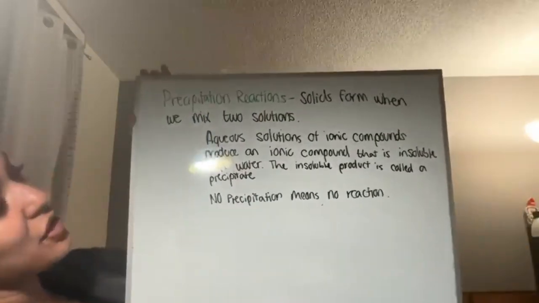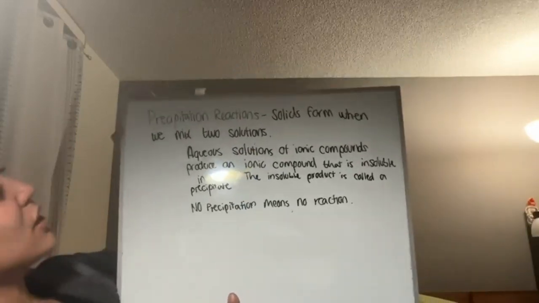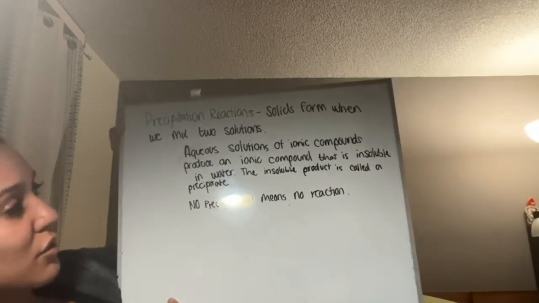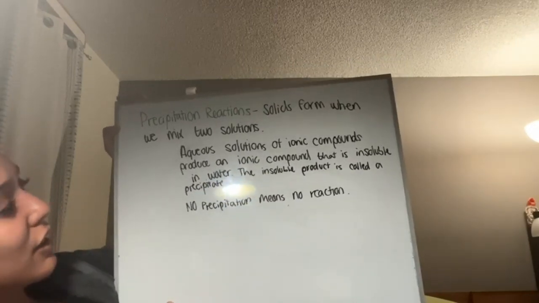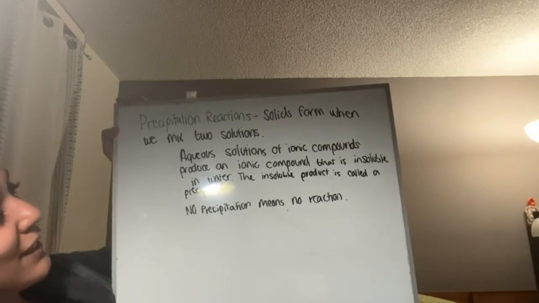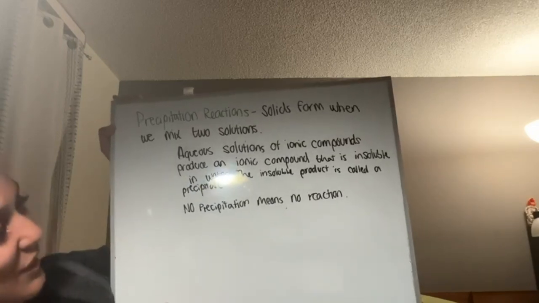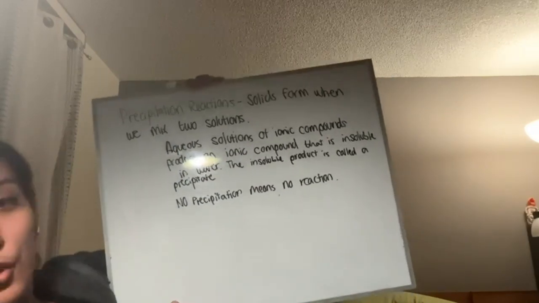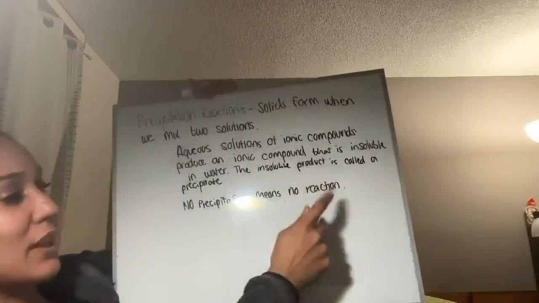That is going to be precipitation reactions. That is when a solid forms when we mix 2 solutions. Aqueous solutions of ionic compounds produce an ionic compound that is insoluble in water. The insoluble product is called a precipitate. So no precipitation means no reaction.